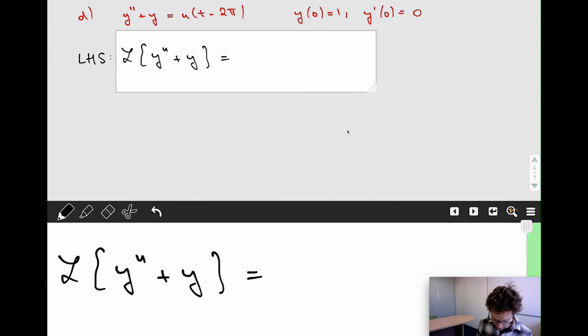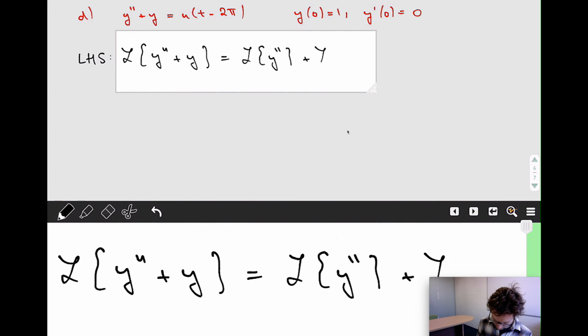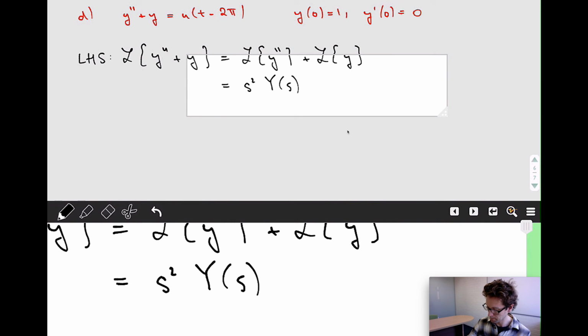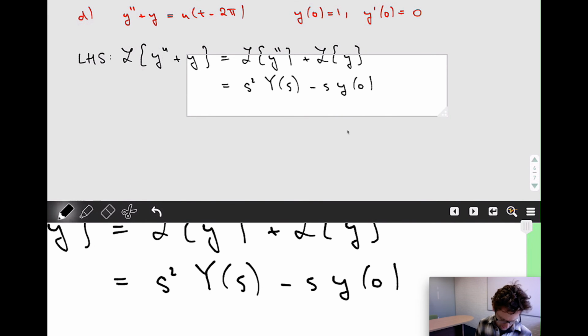So we know that the Laplace transform of y double dash is going to be equal to s squared times the Laplace transform of y, minus s times the initial value of y, minus the initial value of y prime.